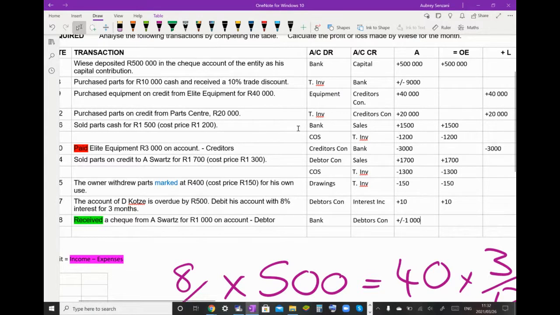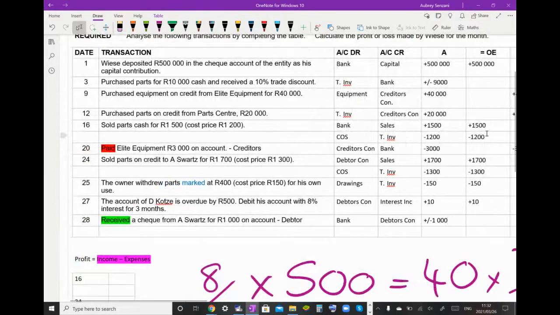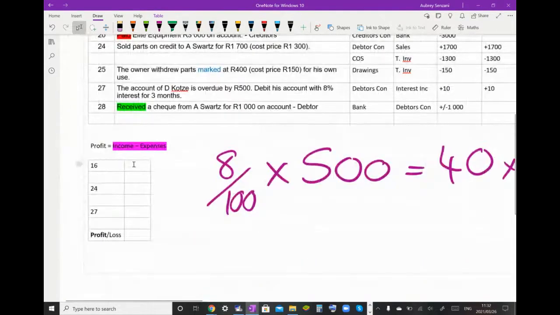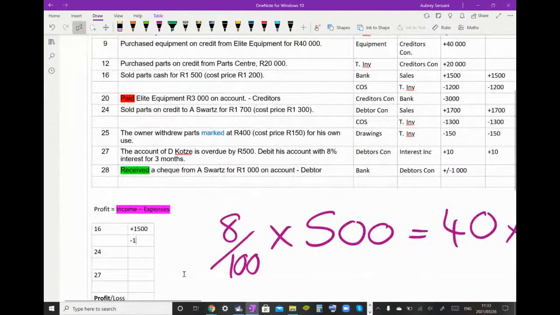So if we look on the 16th, we see that we had 1,500. There we sold parts, we sold inventory. So there we need to put in that plus 1,500. We also had an expense, so we then need to say negative 1,200.